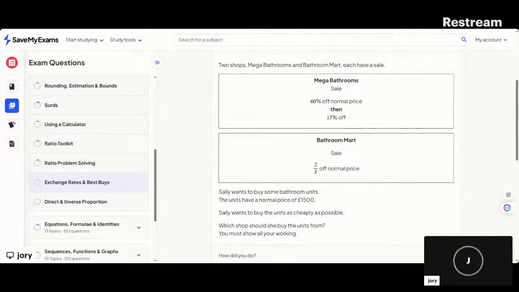Bathroom Mart. I need new paper, I swear. Hold up. Okay. Bathroom Mart. 2 out of 3 times 1500.